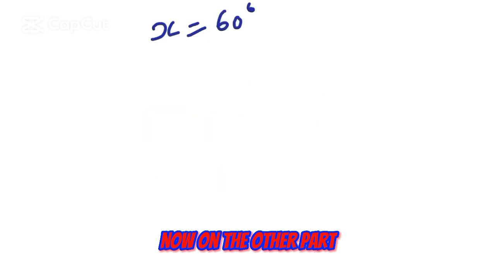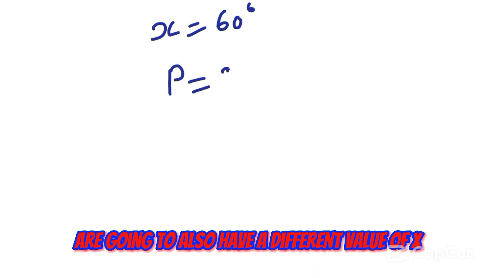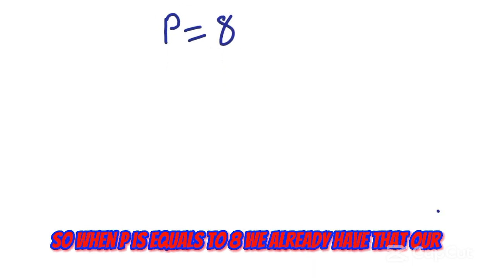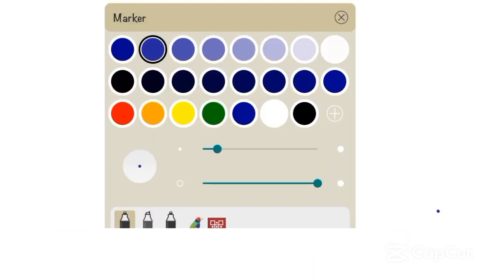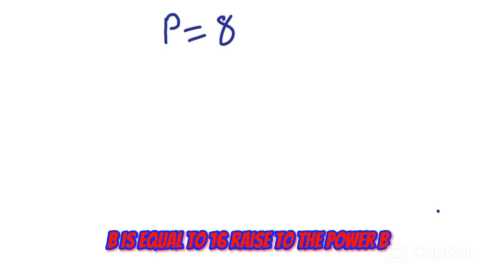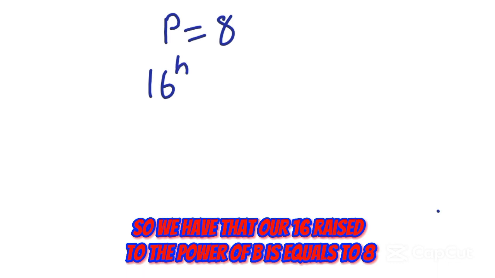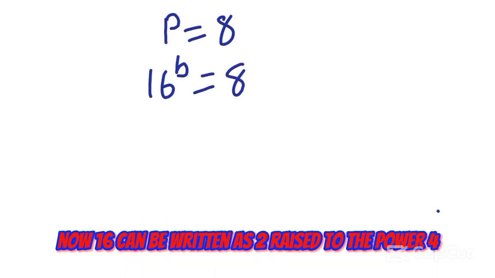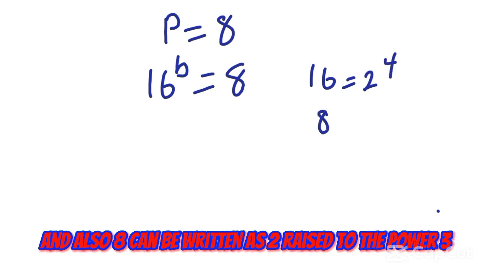Now on the other part, where p is equal to 8, we're going to also have a different value of x. So when p is equal to 8, we already have that our p is equal to 16 raised to the power of b. So we have our 16 raised to the power of b is equal to 8. Now 16 can be written as 2 raised to the power of 4, and also 8 can be written as 2 raised to the power of 3.